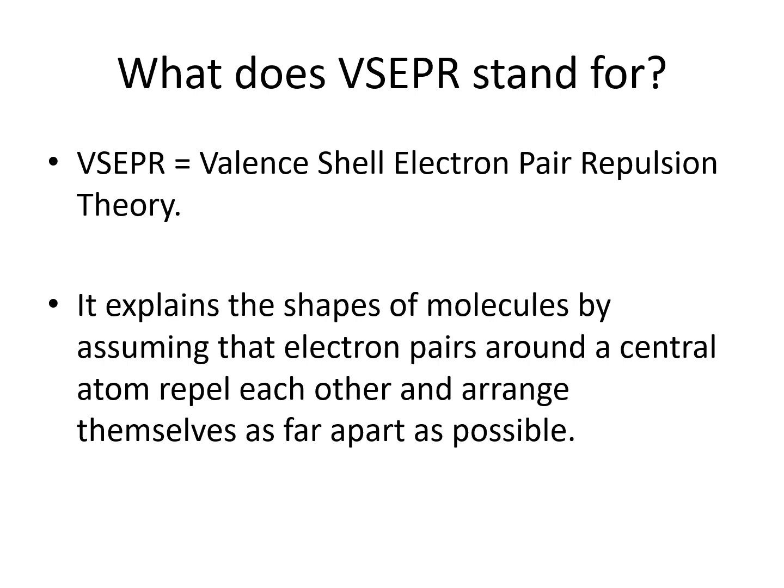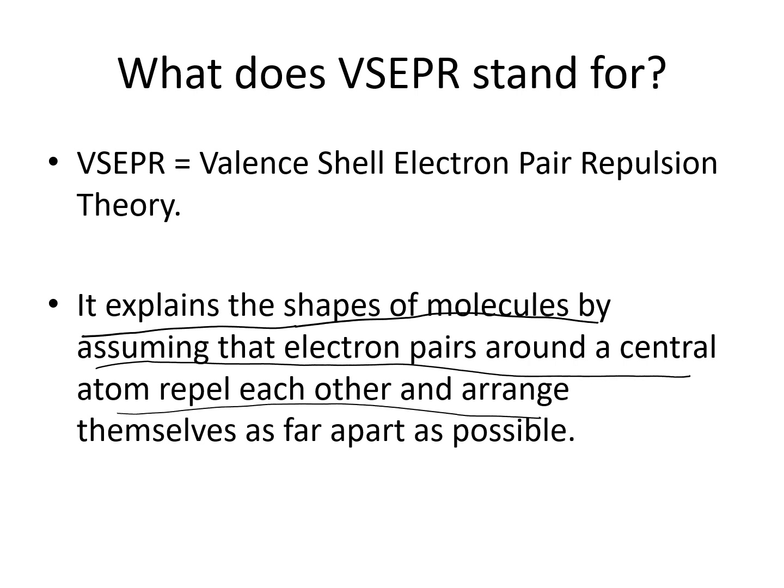Now we will read about the postulates of this theory. It explains the shapes of the molecules by assuming that electron pairs around the central atom repel each other and arrange themselves as far apart as possible. What does this postulate mean?